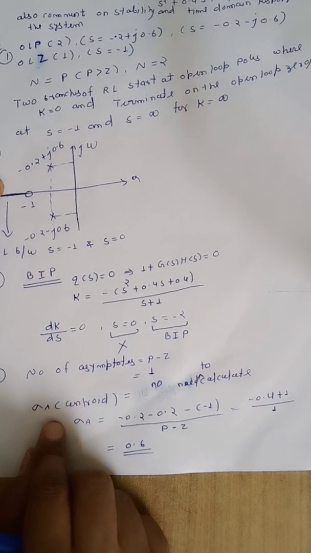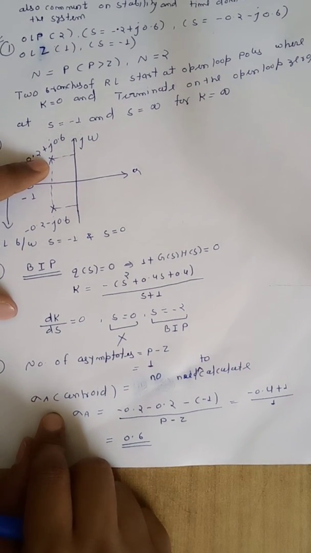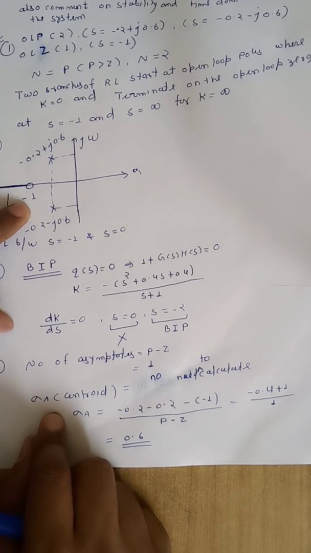In the fourth rule, we will decide the existence of root locus on the real axis with the help of the pole zero diagram. According to the figure, we have a pole zero diagram. We have the first pole, the second pole, and only one zero at s equal to minus 1 for the system.